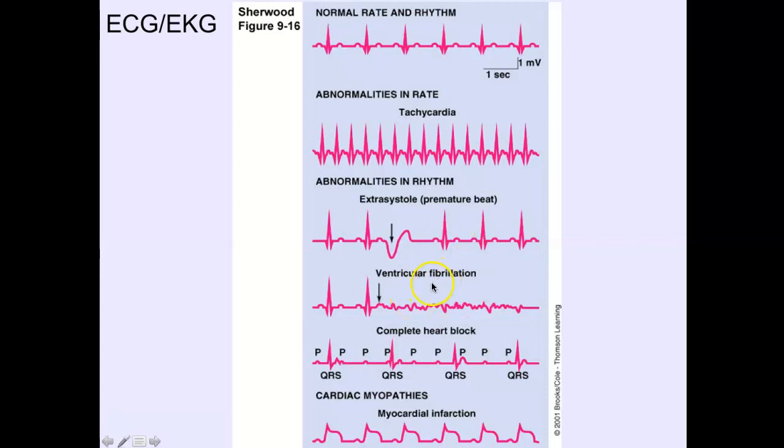If you look at an example of ventricular fibrillation, this really high peak is when the ventricles contract. That's not there, right? So this person is basically having a heart attack because their ventricles are not contracting.